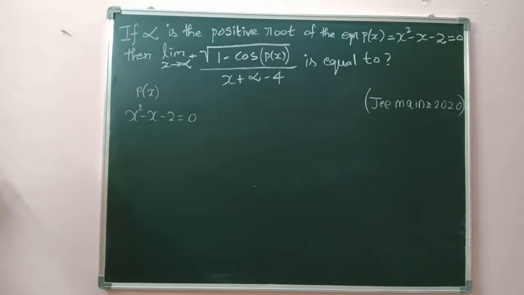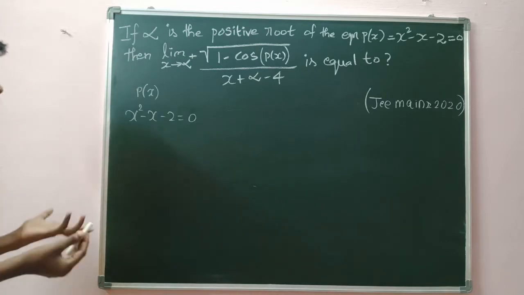So now I am going to solve this equation, that means find the roots of this equation. Here I can use the factorization technique itself, guys, because it will be much easier.